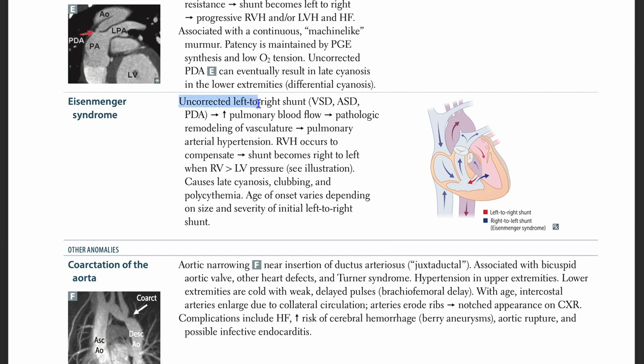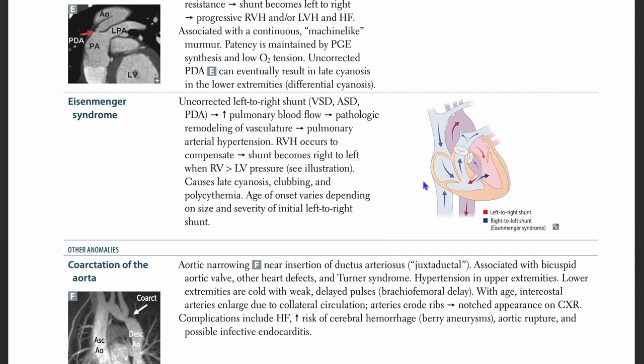So uncorrected left to right shunt in VSD or ASD or PDA increases pulmonary blood flow, right? Pathologic remodeling of vasculature, this is the problem right here. Pulmonary arterial hypertension, right? So that's what you get because of more flow. So right ventricular hypertrophy occurs to compensate, which leads to shunt becoming right to left when right ventricle pressure is more than the left ventricle pressure.